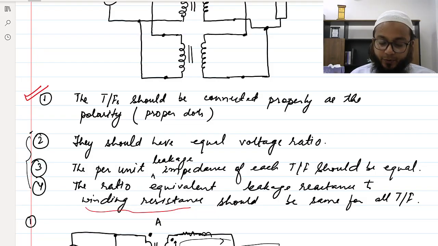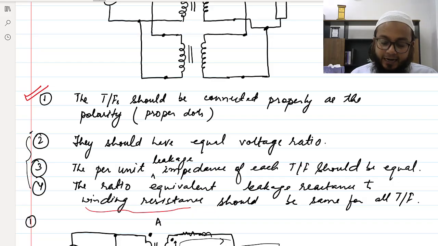One, they should be properly connected as per their proper polarity. Okay, and they should have equal voltage ratio, and it will avoid circulating current. Okay, and I said the per unit leakage impedance of each transformer should be equal. Okay, or the ratio of the kVA rating of the transformers should be inversely proportional to their leakage impedance.